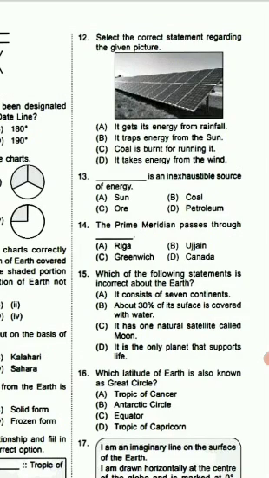C. It has one natural satellite called the Moon. D. It is the only planet that supports life. And the correct option is B. About 71% of Earth's surface is covered with water.